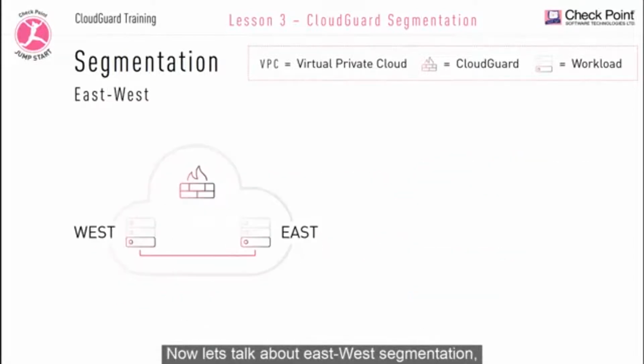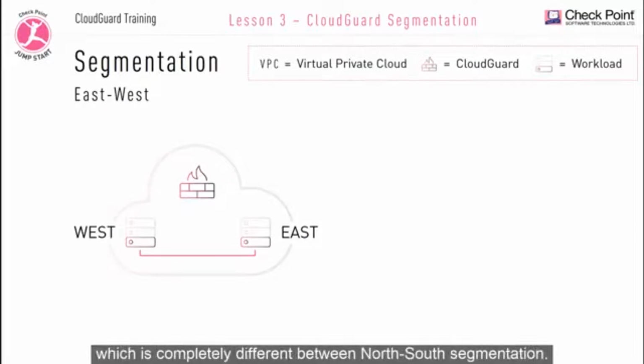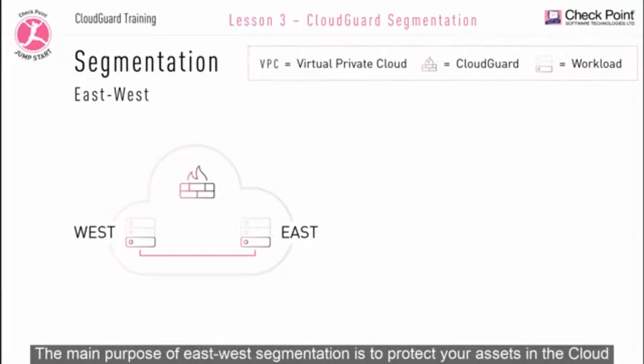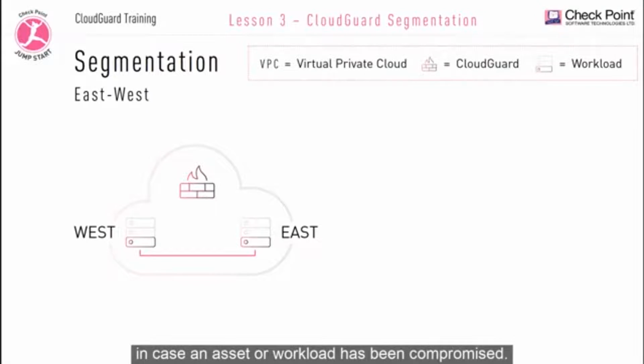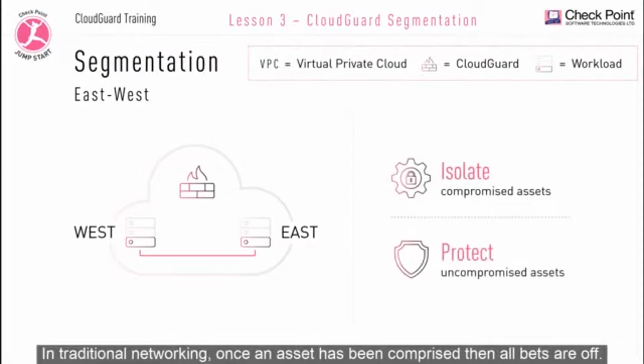Now let's talk about east-west segmentation, which is completely different from north-south segmentation. The main purpose of east-west segmentation is to protect your assets in the cloud, in case an asset or workload has been compromised. In traditional networks, once an asset has been compromised, then all bets are off.